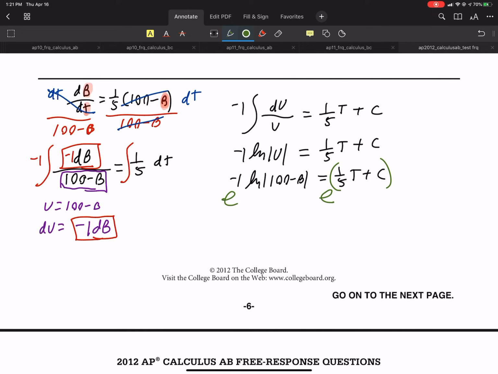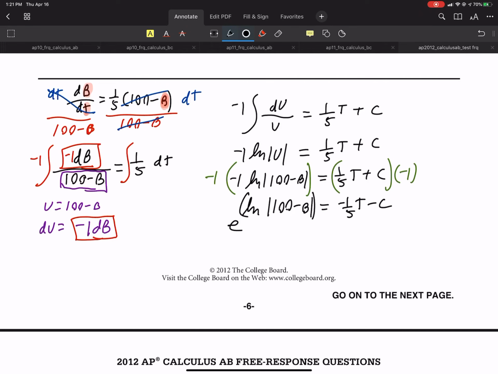So before I do that, I need to clear out that -1 by multiplying both sides by -1. And that'll make it prettier. Now I can e both sides.